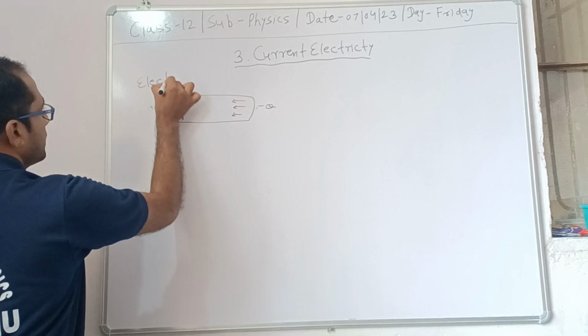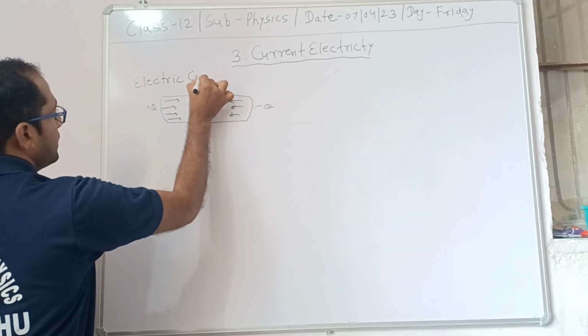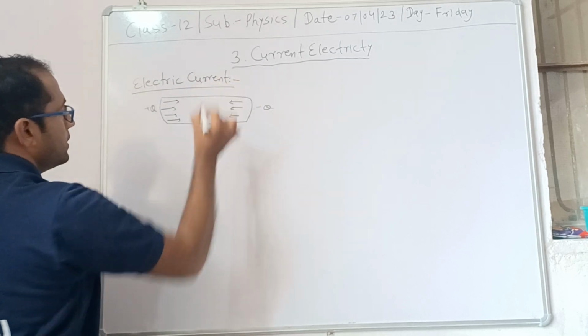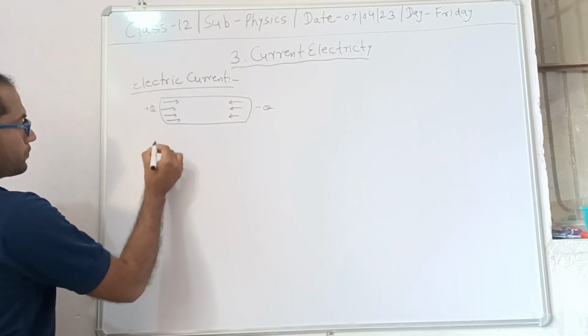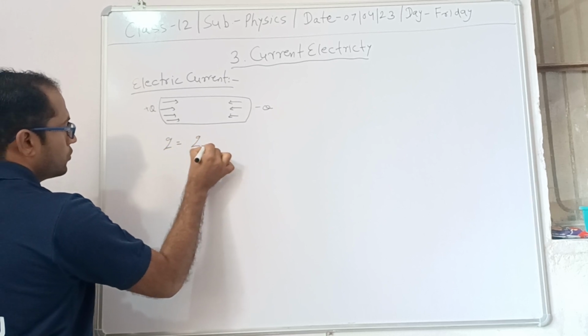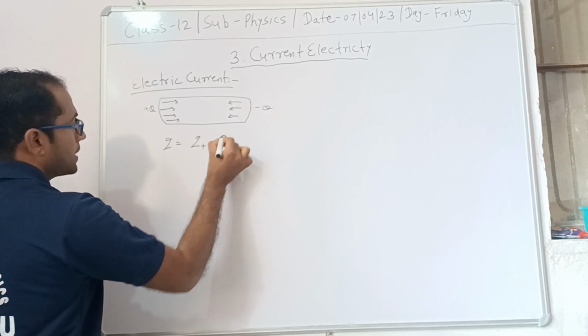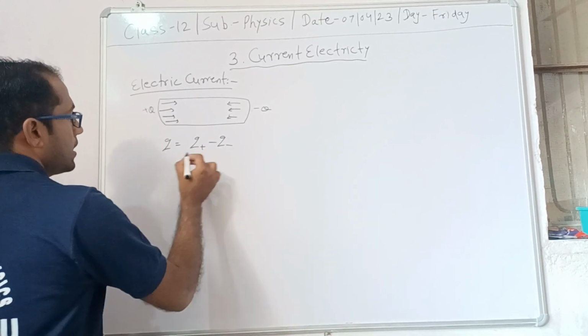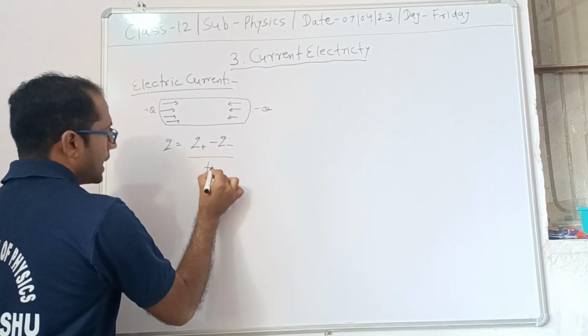So basically, what is the electric current? The electric current is actually Q equals Q plus minus Q minus, the net charge flowing in this conductor per unit time.